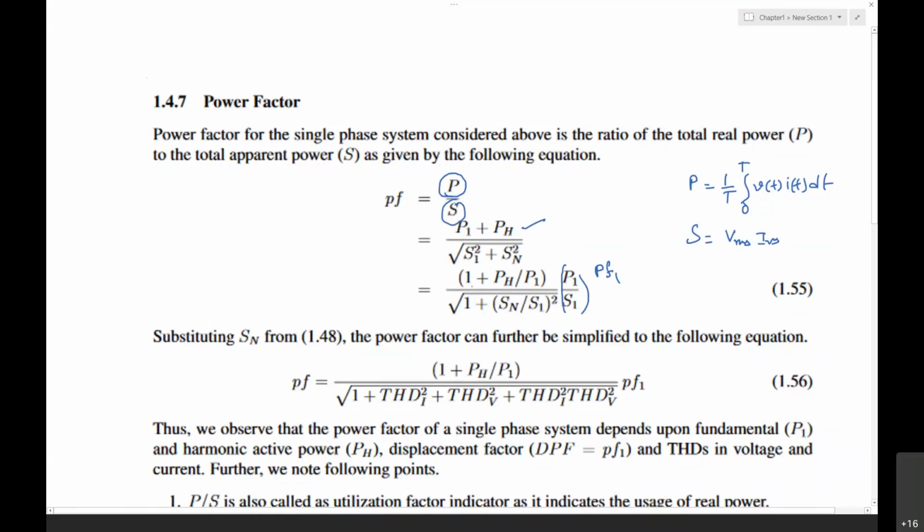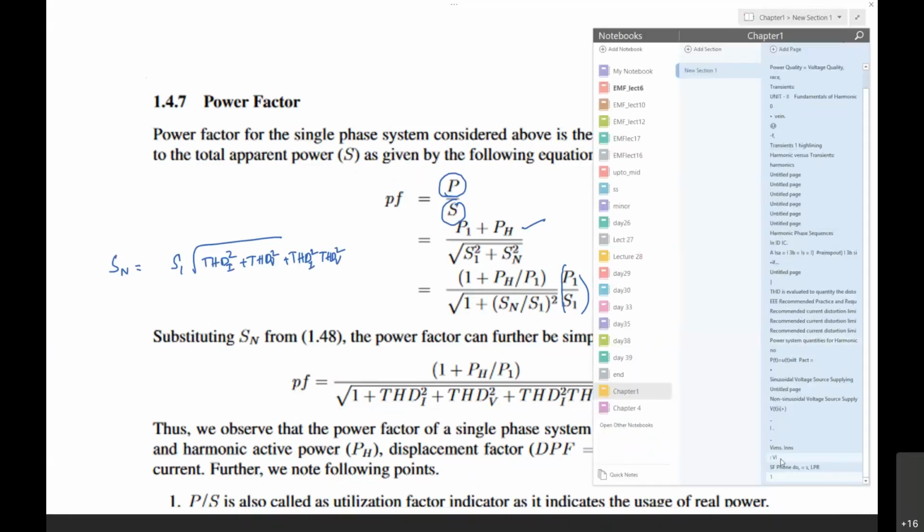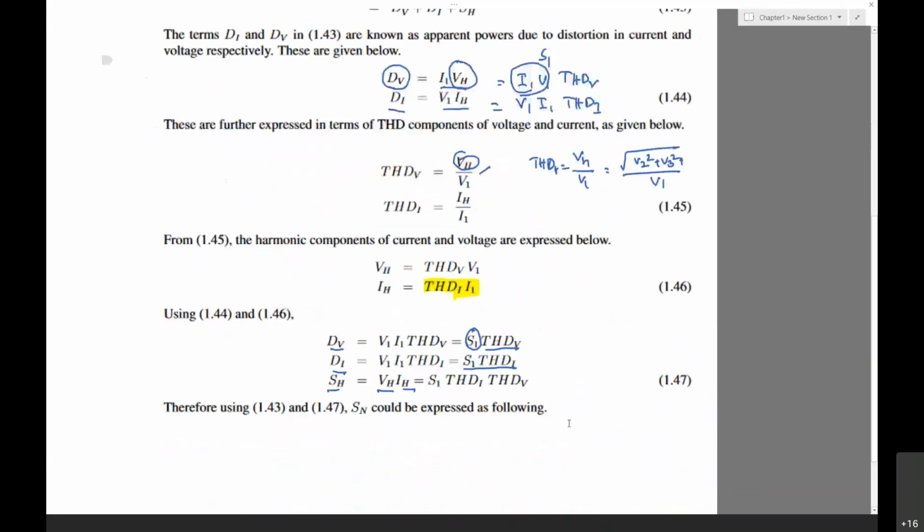Now this expression, 1 plus PH by P1 is equal to the square root of Sn by S1 squared. This Sn, we try to express in terms of S1 times the square root of THD of current square plus THD of voltage square. This equation we have just derived also. Okay, this particular equation. Next step.